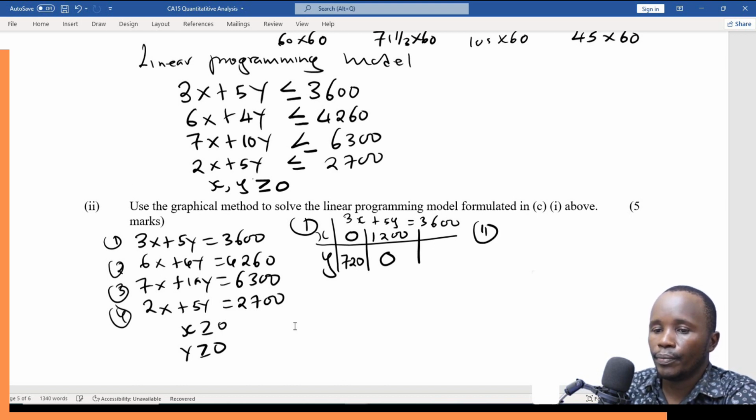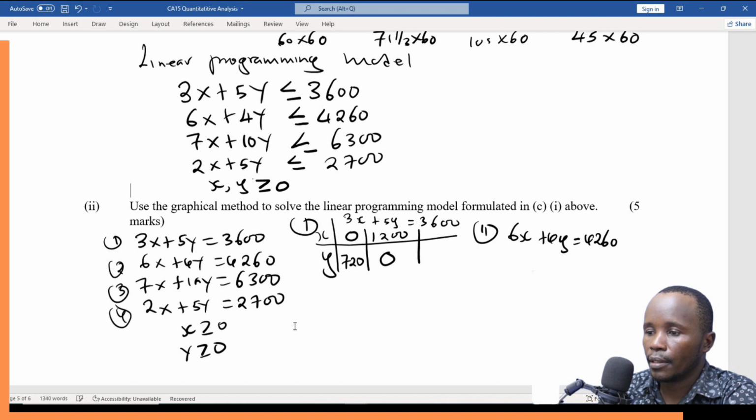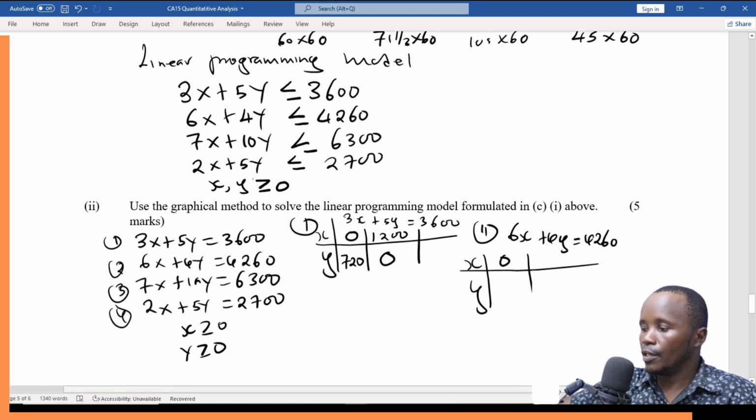2 is 6x plus 4y is equals to 4,260. Get x and y. When x is 0, what is 4260? Divide by 4. Let me pick my calculator here and confirm that.